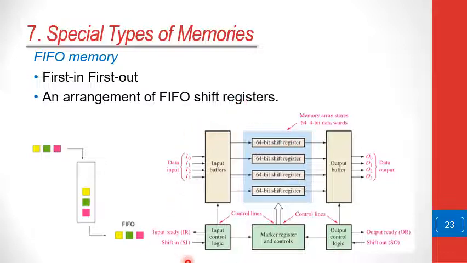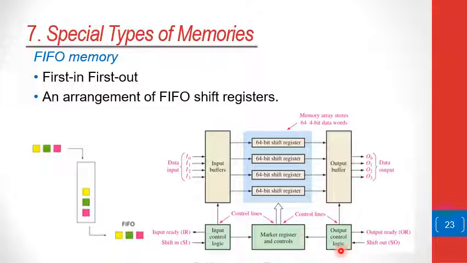So this is an example of a memory array that stores 64 4-bit data words. So this would have 64-bit shift registers, 4 of them, in the following arrangement, whereby you put in your data at the input buffer and it comes out at the output buffer. And this data is controlled by the input logic control, the marker register, as well as the output logic control.